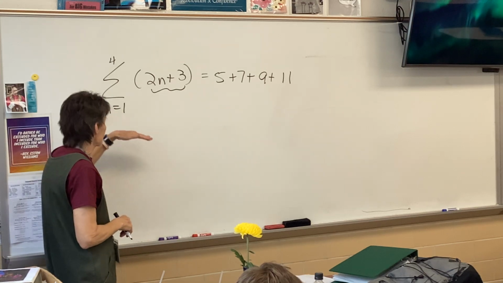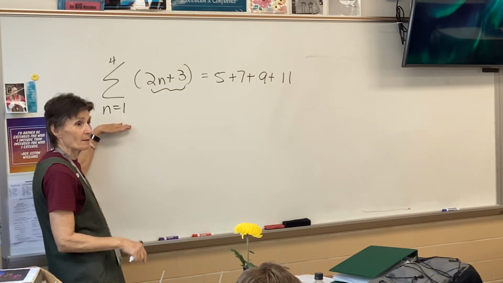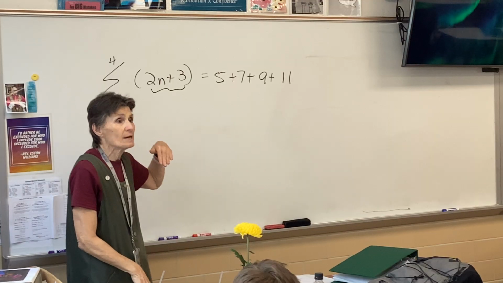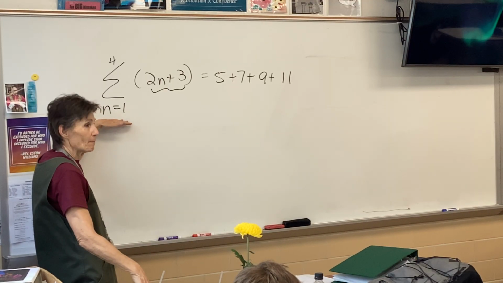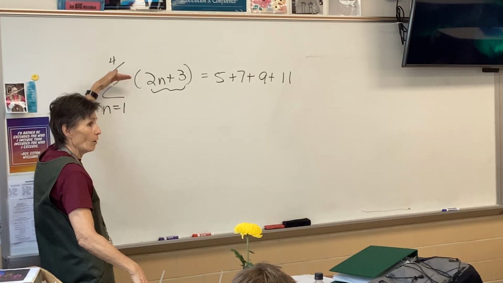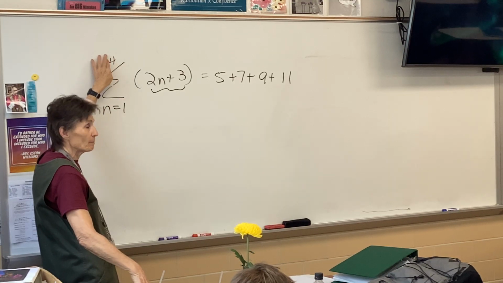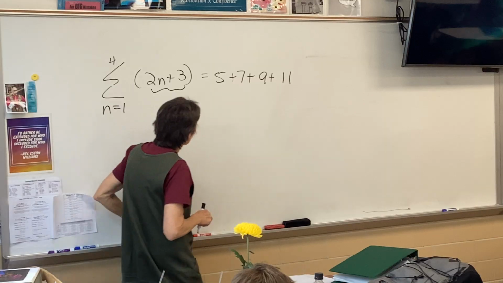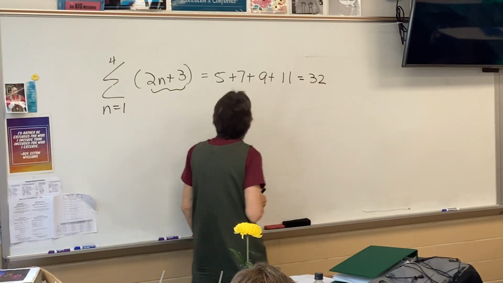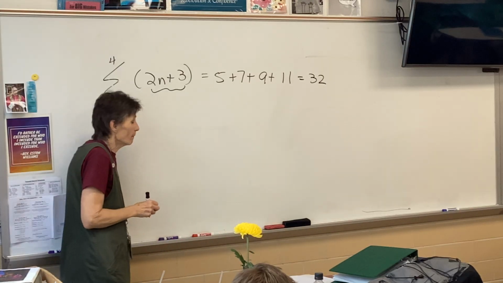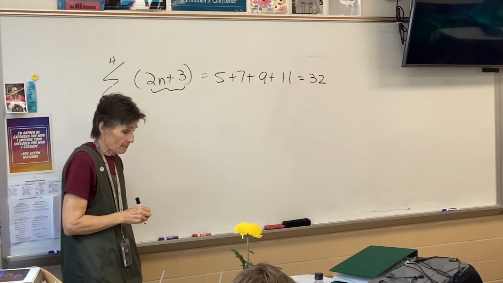With your sigmas, you start with whatever's on the bottom, and it does not have to be 1. It very often is, but it doesn't have to be. You start with that bottom number, and you go all the way till you get to the top number. And then you just add them up. So what is that? 32? Yeah. Easy.